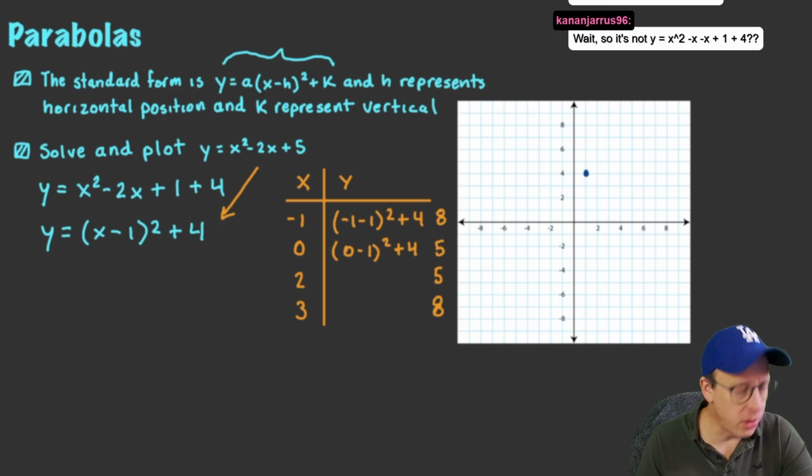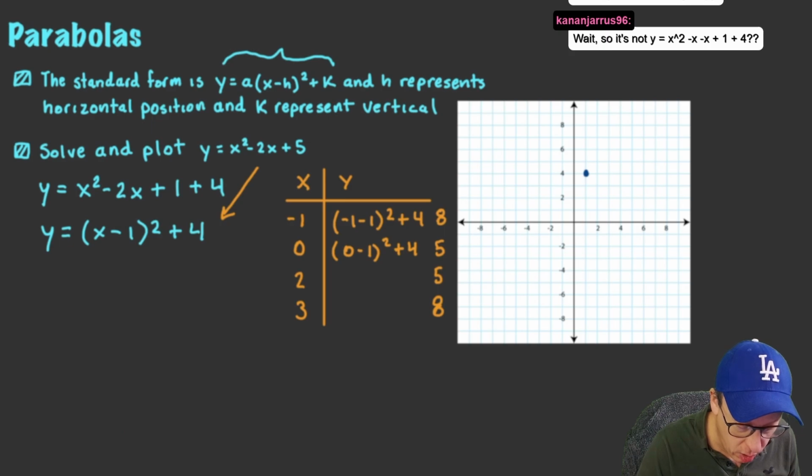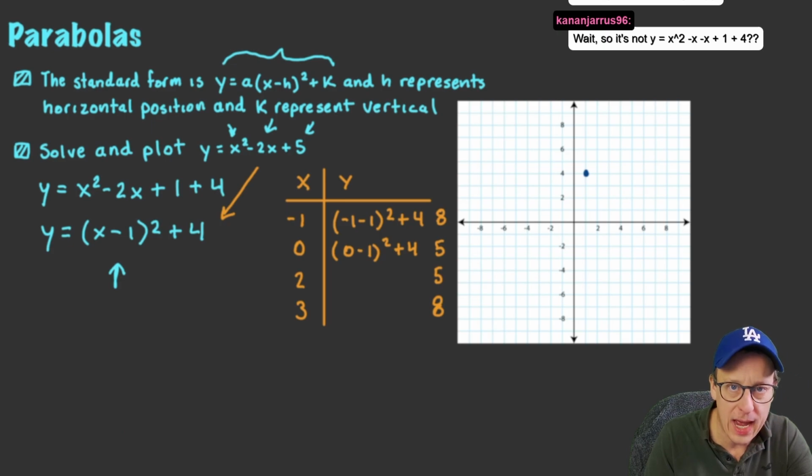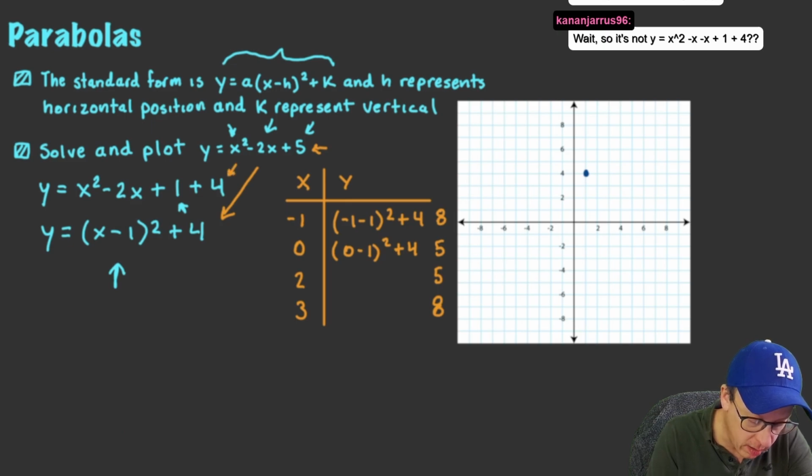Well, no, you don't need to. What we did there is our goal was to get this formula that we have right here, and to be able to complete the square. And the only way to be able to do that is to give this a value of 1. So that's the reason why we changed the 5 into 1 and 4.